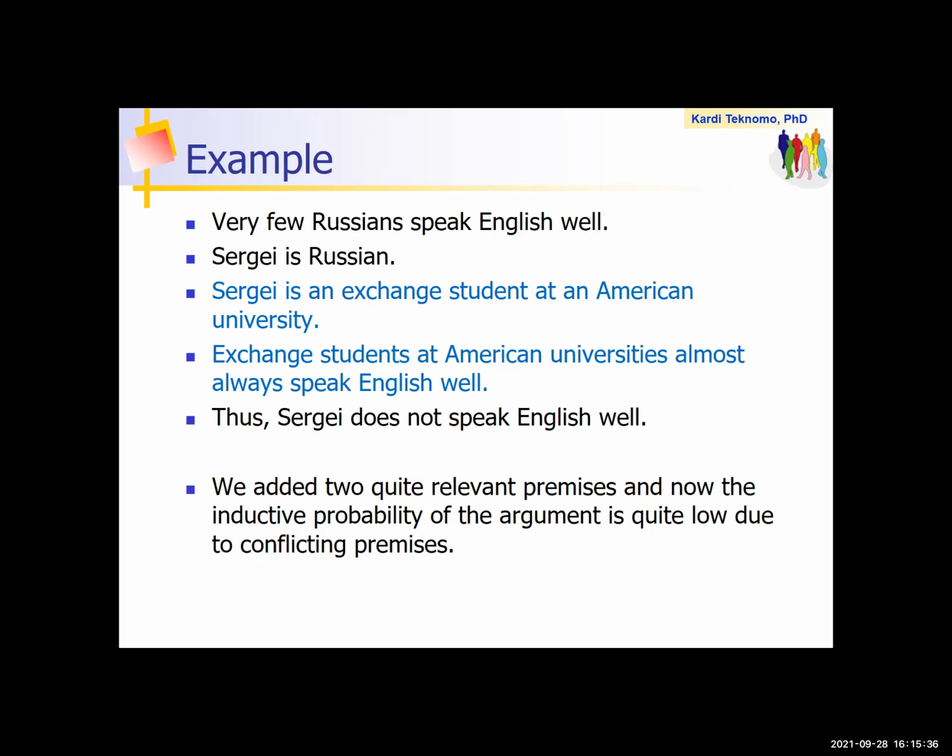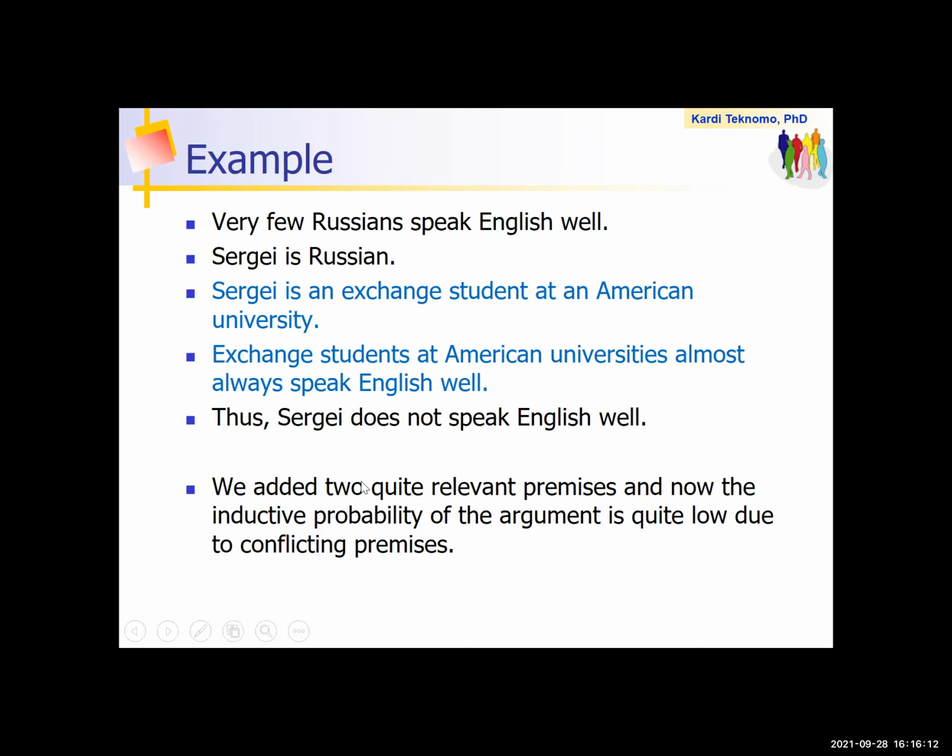Of course, an American university student must speak English well, isn't it? But the conclusion said Sergey does not speak English well. So suddenly it becomes weak inductive, isn't it? Adding premises to an inductive argument can change it from low to high or high to low. It is possible to be like that.